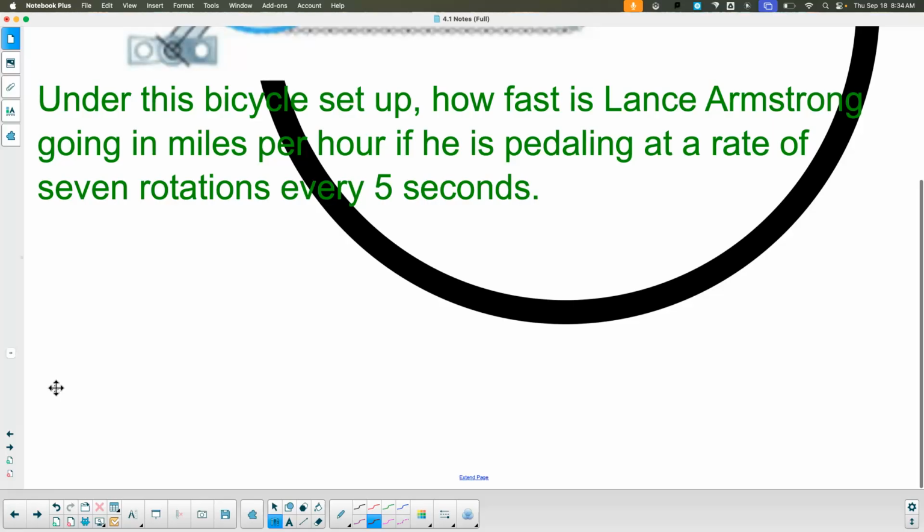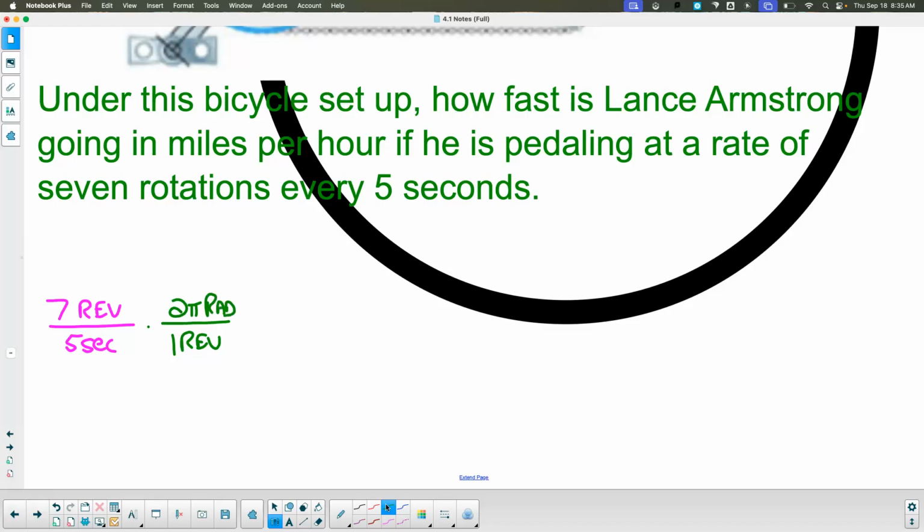So he is pedaling 7 revolutions every 5 seconds. One revolution is 2 pi radians. 1 radian is 4.14 inches from the pedal.